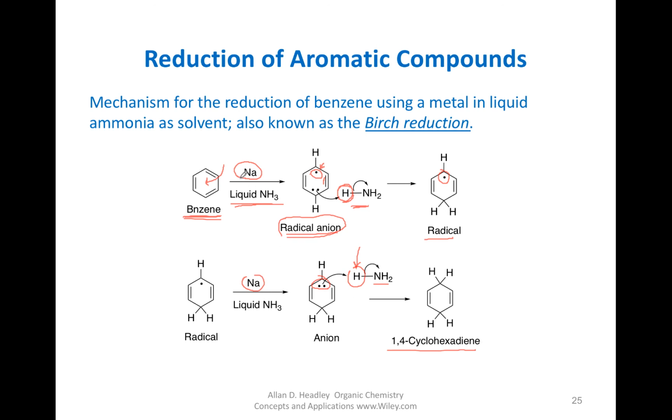So that's one important reaction in organic chemistry, the reduction of benzene to give this as the product. This has a name because it was discovered by Birch, so it's called the Birch reduction, where we use a very reactive metal in the presence of liquid ammonia to reduce benzene, for example, to 1,4-cyclohexadiene.